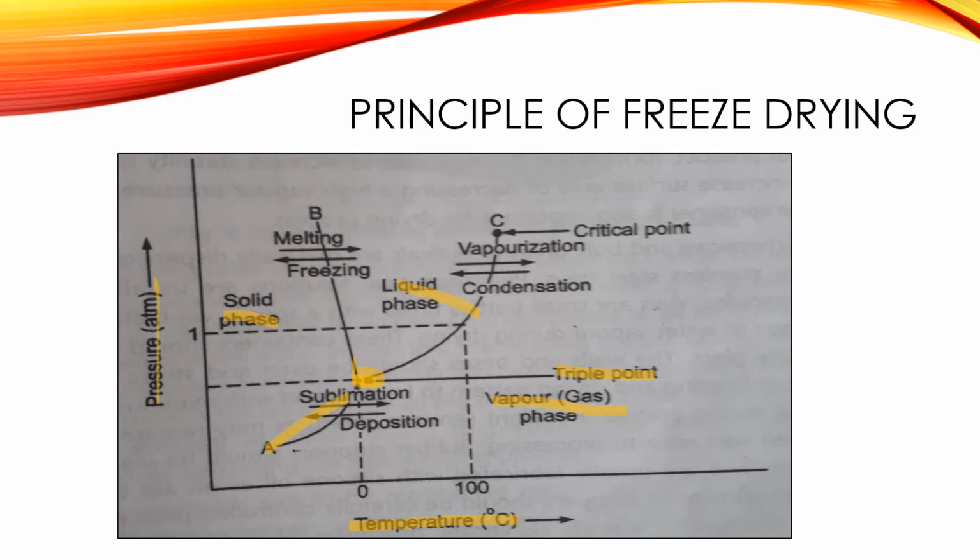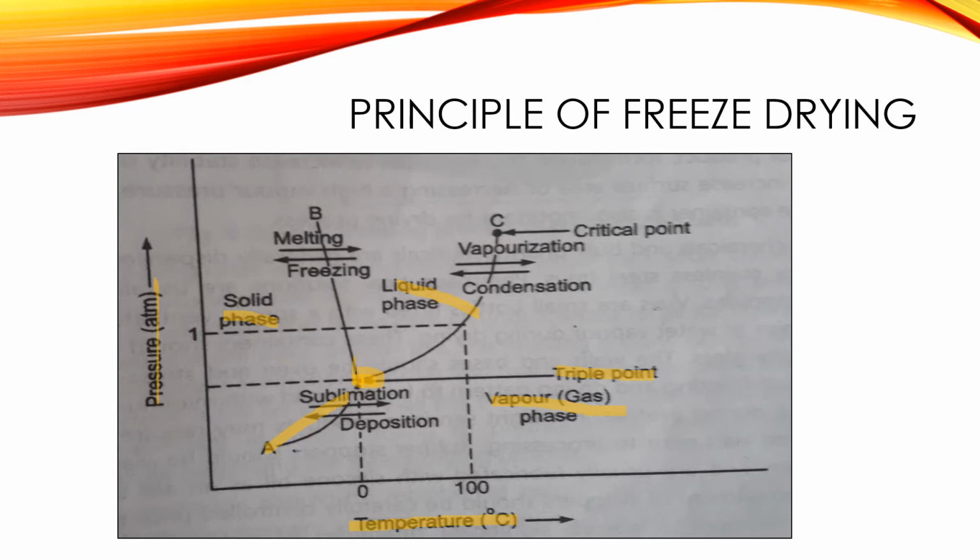Sublimation of water can take place at a pressure and temperature below the triple point, that is 4.58 mm of Hg, that is the pressure, and 0.0099 degrees Celsius, that is the temperature of the triple point of water.